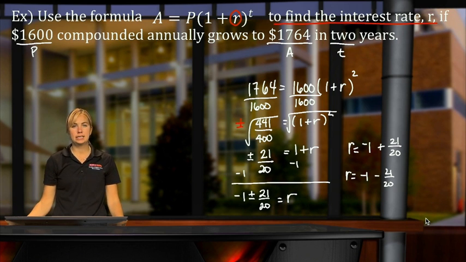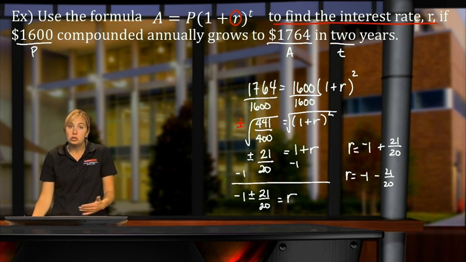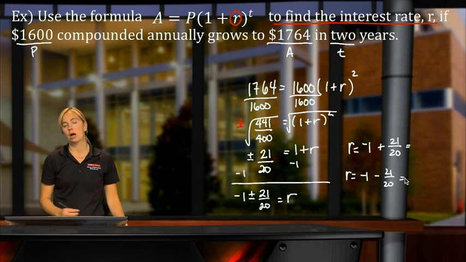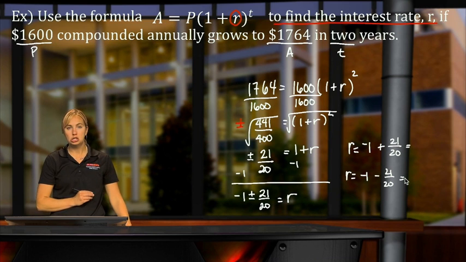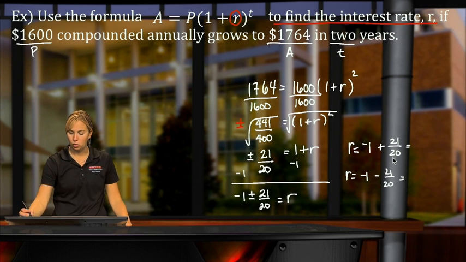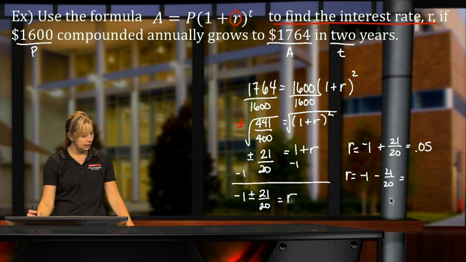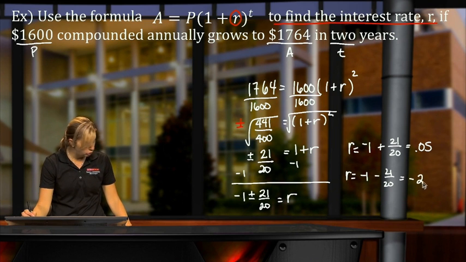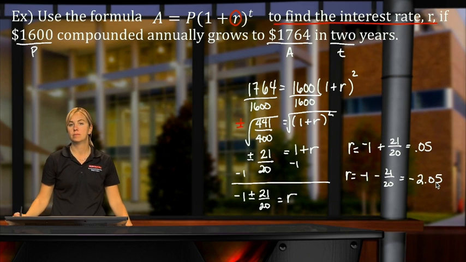But our common sense tells us if we're talking about an interest rate, we can't have multiple interest rates. So which one do we use? Go ahead and simplify these using your calculator to a decimal. What do you get? -1 plus 21 over 20, we get 0.05. -1 minus 21 over 20, we get -2.05.